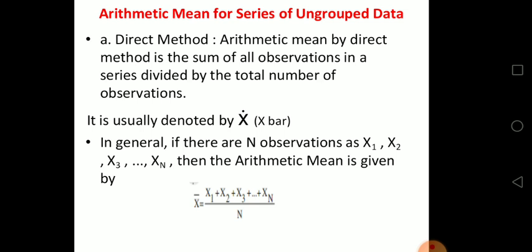It is usually denoted by X bar. As you can see, we have the X bar.